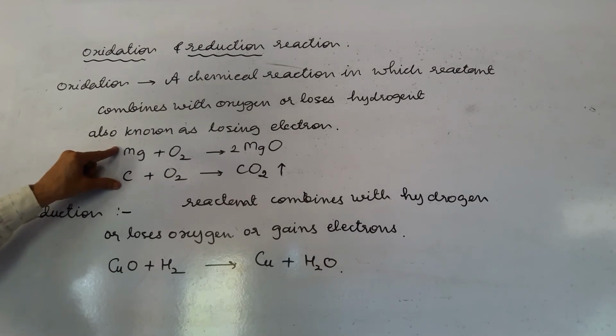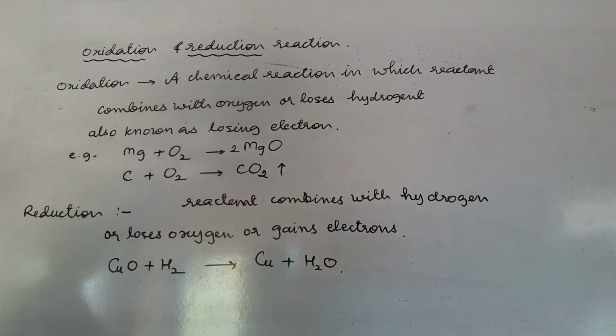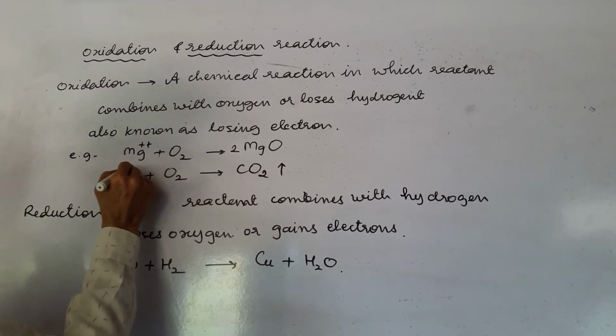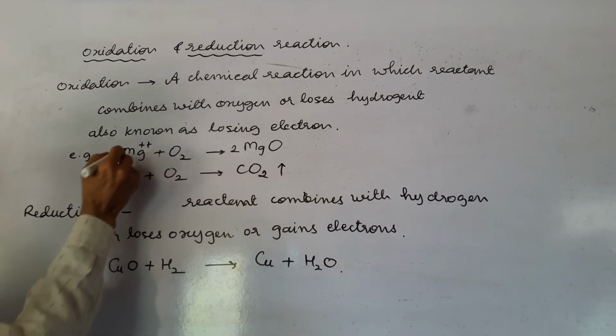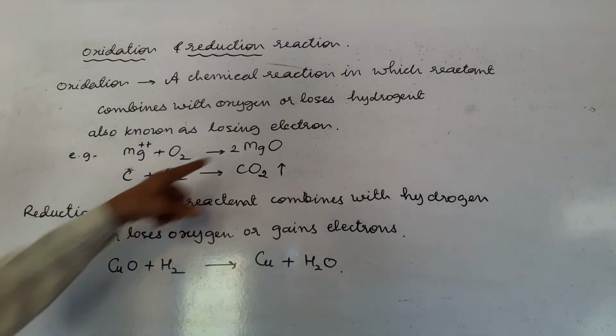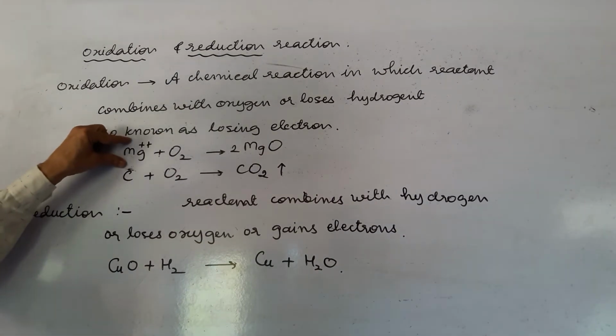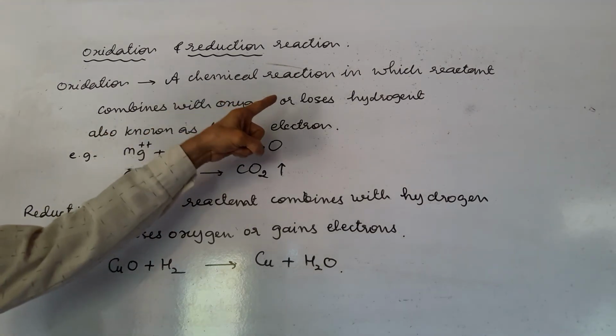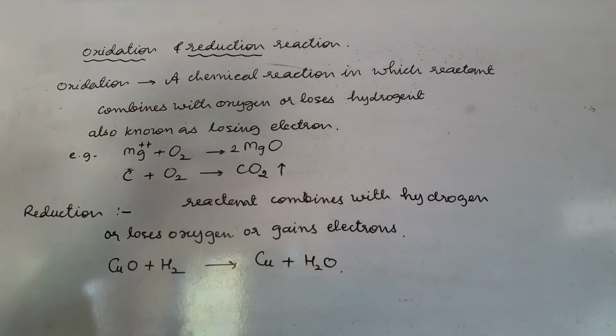At the same time, reduction. Now you find that in oxidation, we know magnesium is positive. Carbon also is taken as positive here. So magnesium is positive. That means to form magnesium oxide, it loses electrons. It gives electrons to oxygen, and that's why it is a chemical reaction in which electrons are lost.